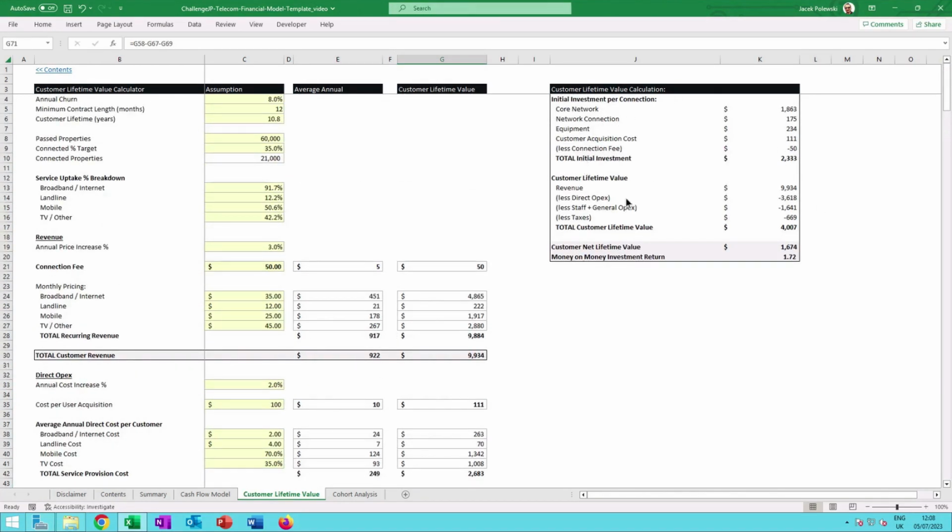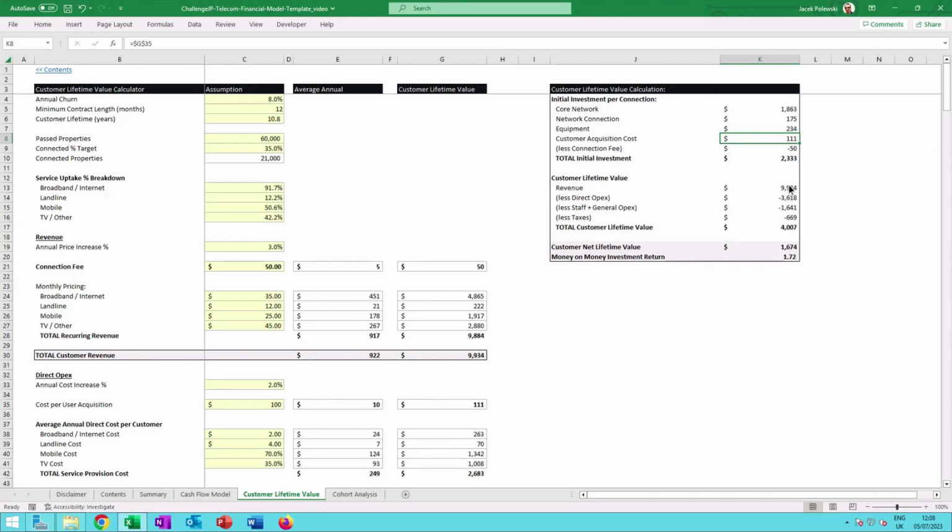All of those figures I've summarized in here, so you can see your initial investment per customer, which will take into consideration things like core network build, network connection, the equipment, and also the acquisition costs. Those will be any money that you have to spend on the customer before they start generating the revenues.